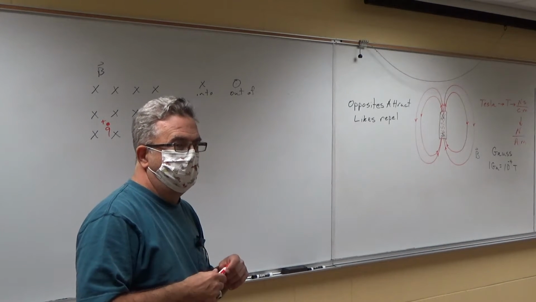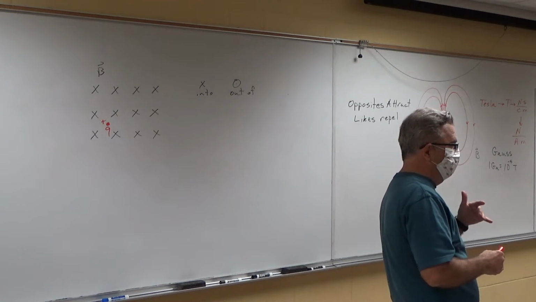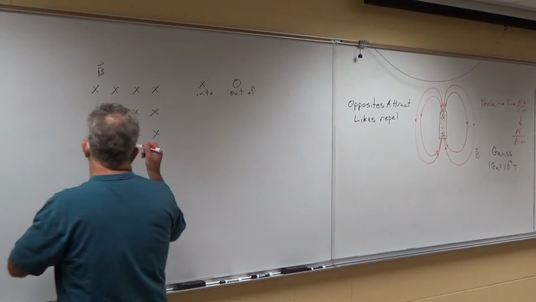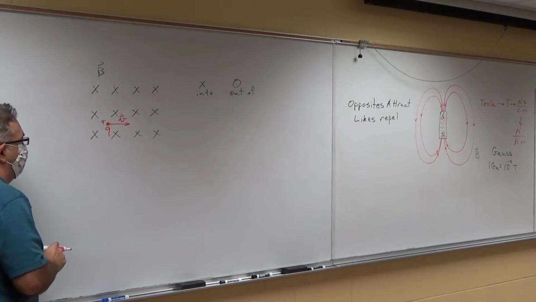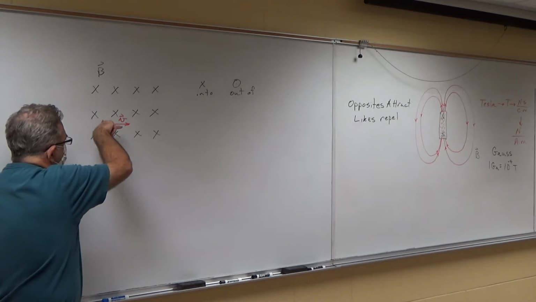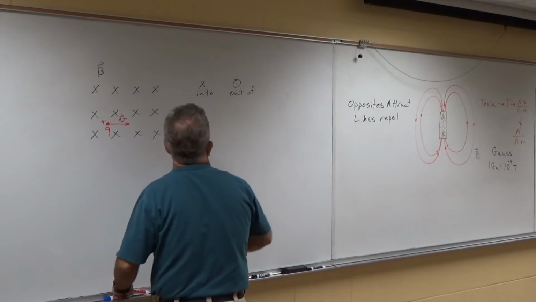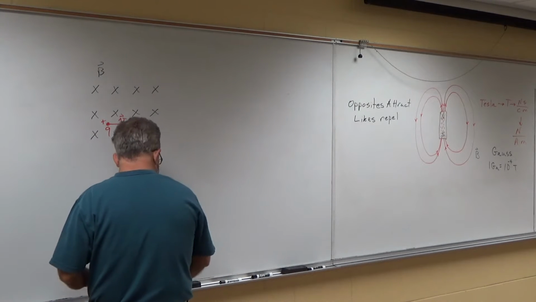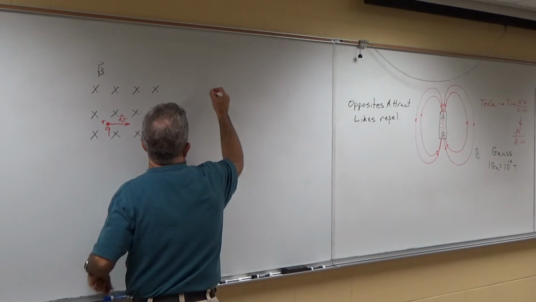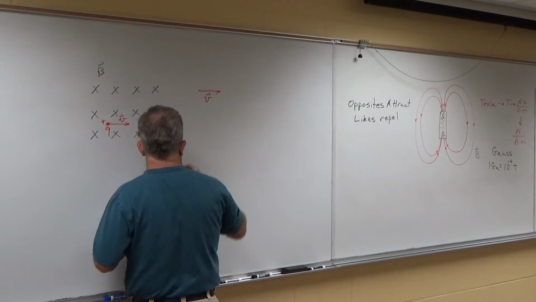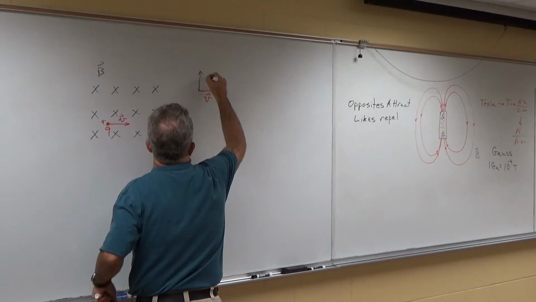You have to have a couple of things happen before you get an interaction between charge and magnetic fields. If I give this charge a velocity in the plane of the board, and I look at this from the top, then V is in that direction and B is in this direction.